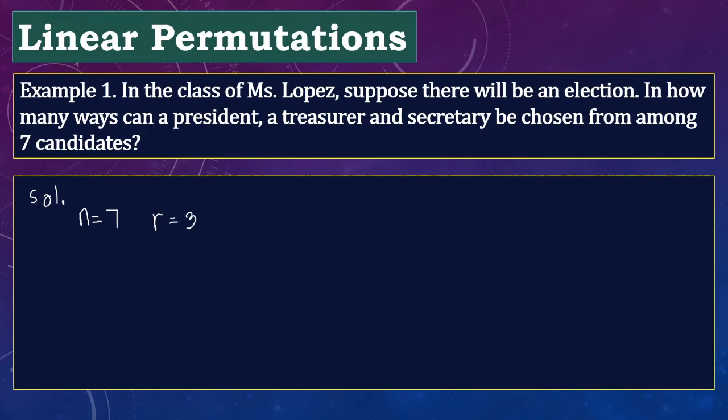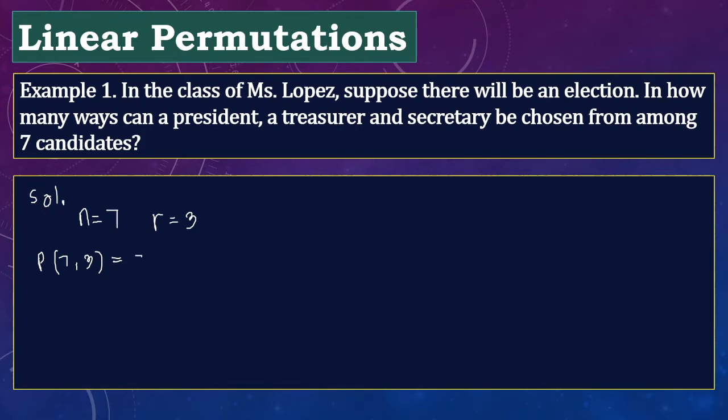Then let's use now the permutation formula. So P, permutation of 7 taken 3 at a time. Instead of using the formula step by step, permutation of 7 taken 3 at a time can be considered also as taking 3 consecutive numbers starting with 7, or multiplying 3 consecutive numbers starting with 7.